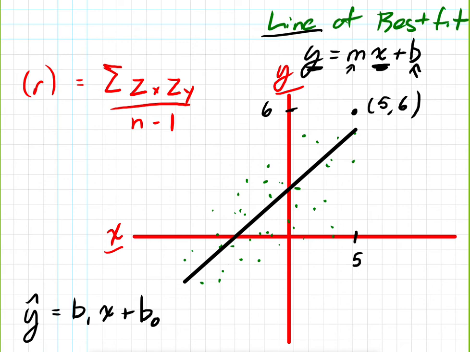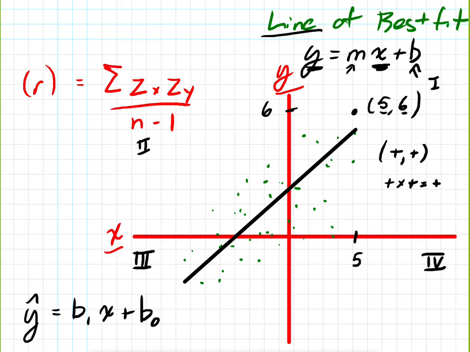The reason they call it a positive relationship is, if you're familiar with your quadrants, there are 4 quadrants in what's called the Cartesian plane, which is just like an XY axis. These numbers both happen to be positive, and when you multiply a positive by a positive, you get a positive value.